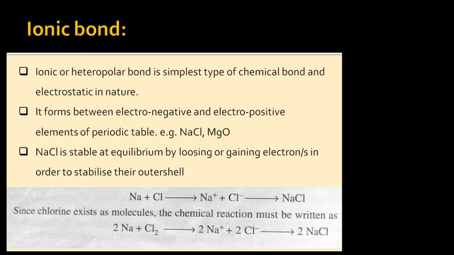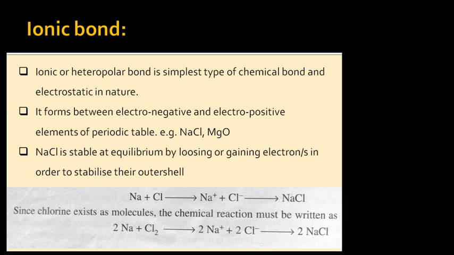The very well known examples are ZnCl, sodium chloride, manganese oxides and so on. The most common, which you had already learned in your 11th and 12th grade, is sodium chloride. So we will discuss the entire story of the ionic bond with reference to NaCl, right?